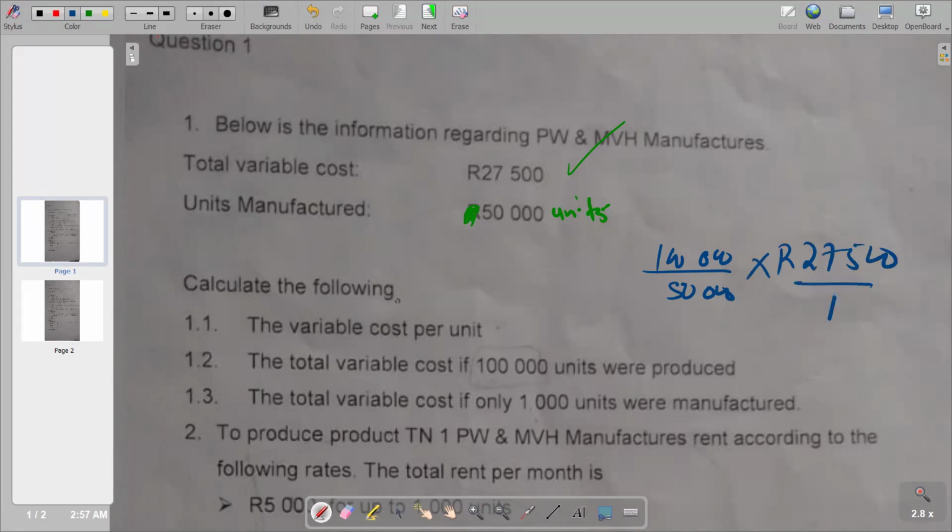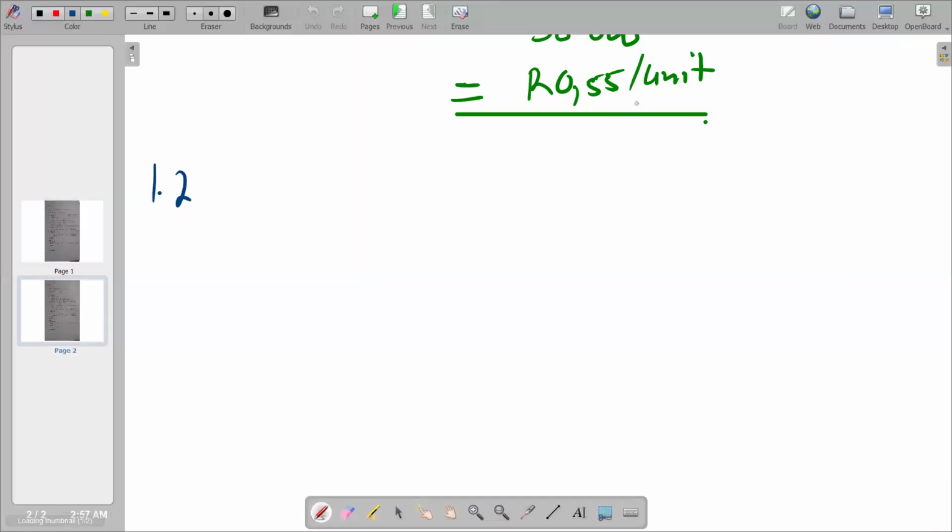Or you can just say the variable cost per unit, then you multiply by 100,000. That's again how we can calculate it. In this case, we have already calculated the variable cost per unit. It is 55 cents. So you're going to say 55 cents, and then you multiply by 100,000. If you multiply there, the answer that you are going to get is 55,000 rands.